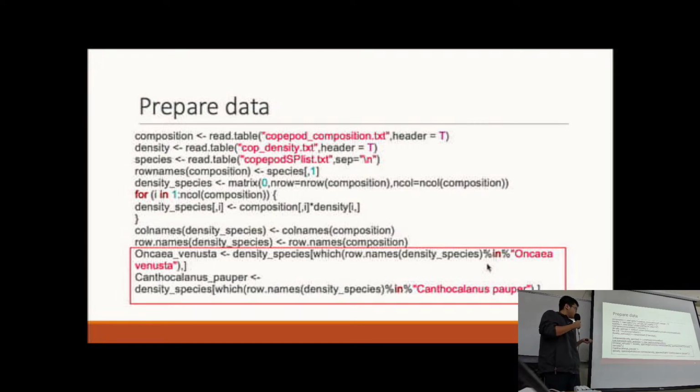I use the which function to find the rows whose row names include the species names of these two species. So these two objects contain the density of the two species.